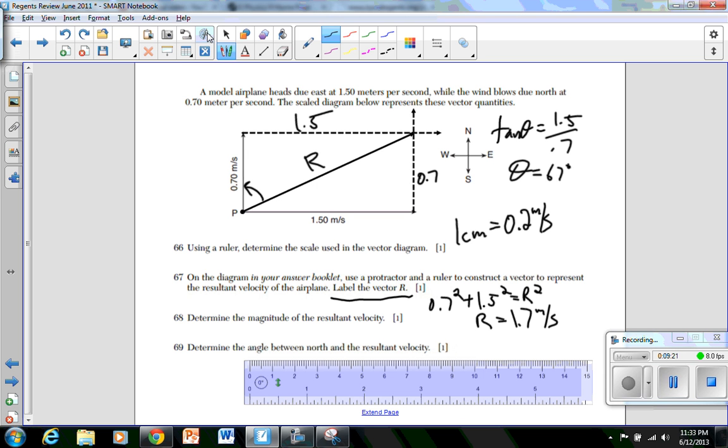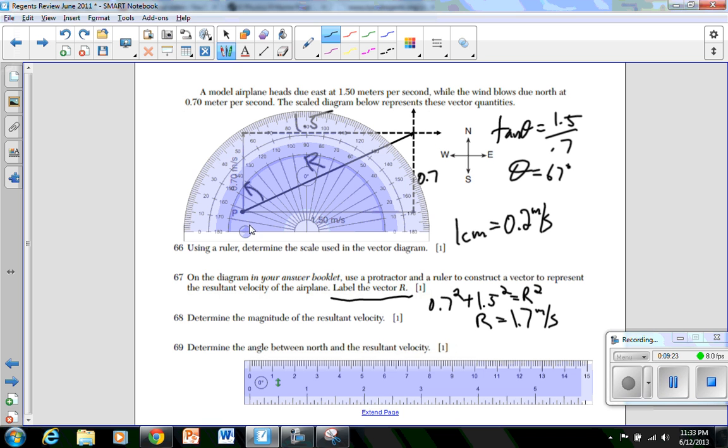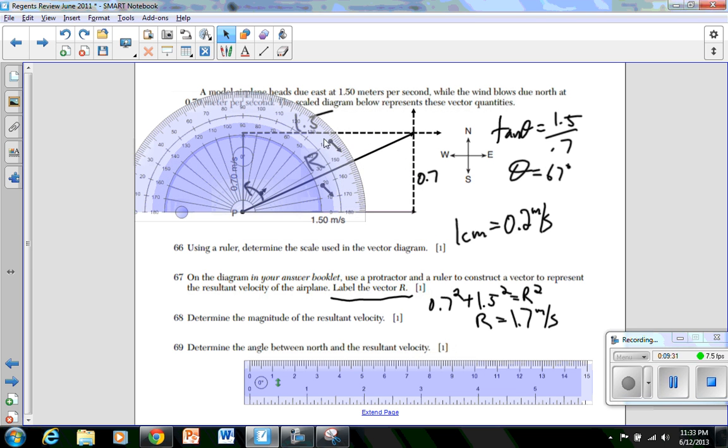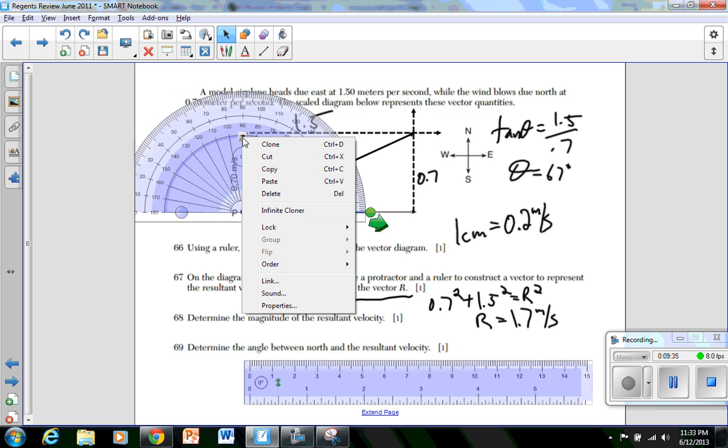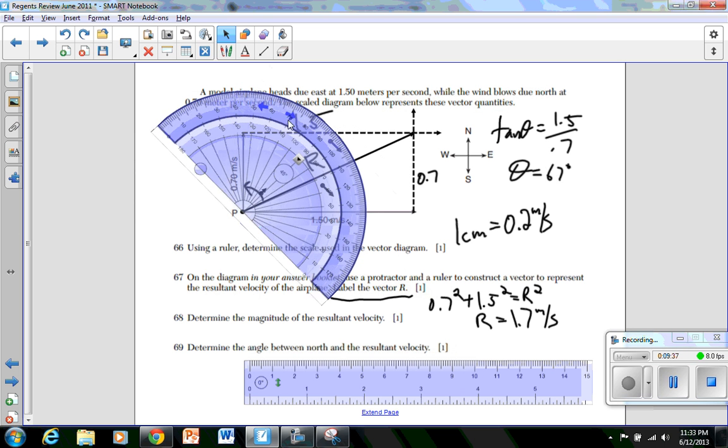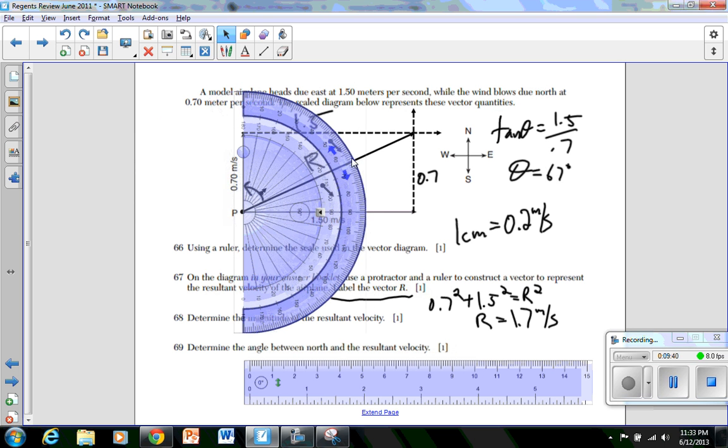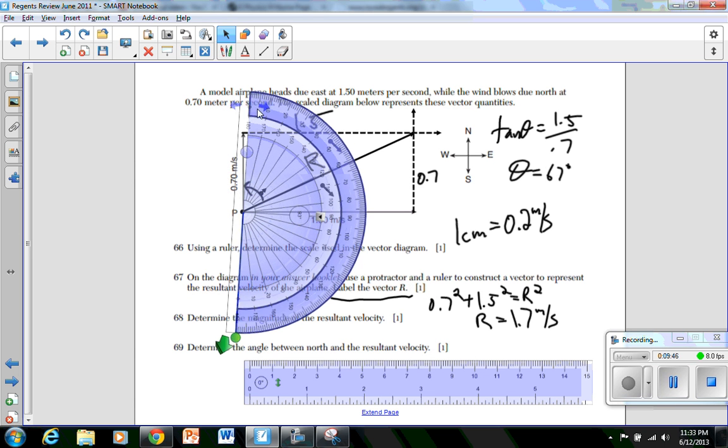You could also bust out your protractor. We need to take our protractor and line it up on north, and then we want to measure from this side.